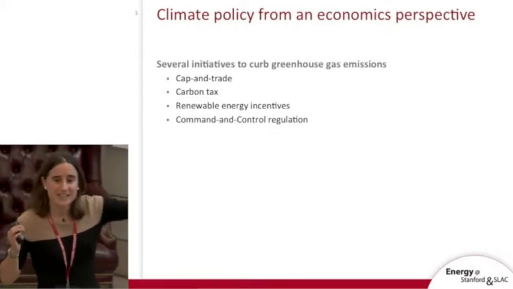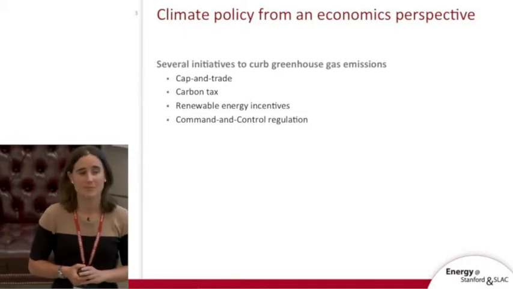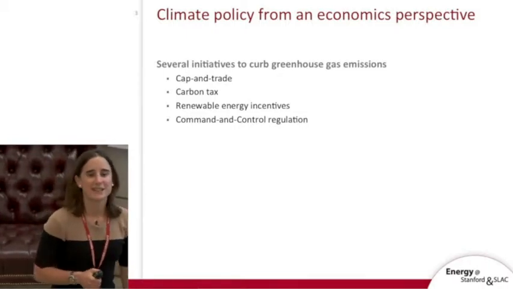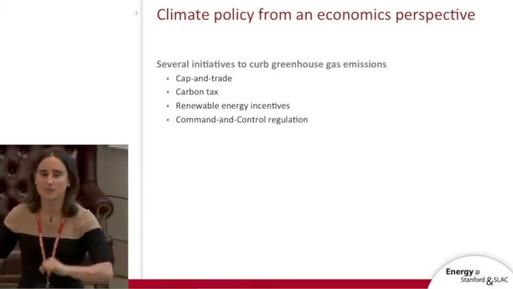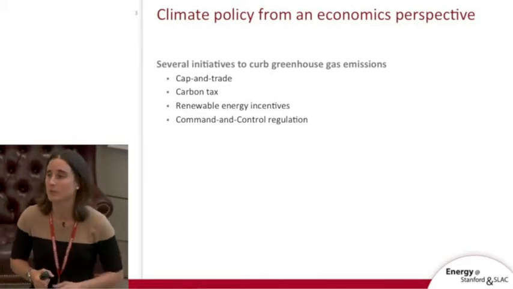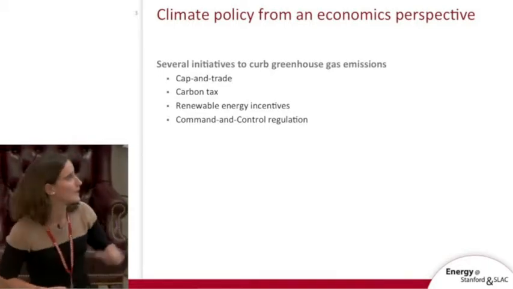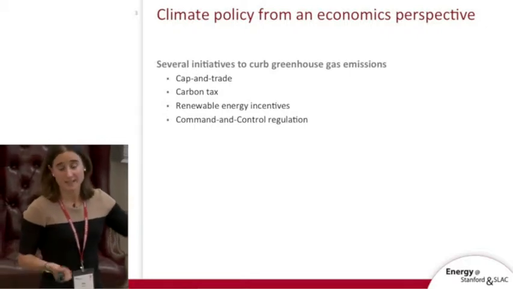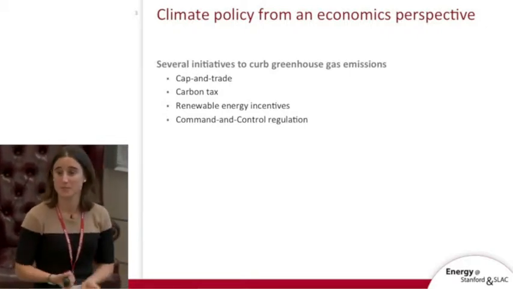In that market-based mechanism, eventually there's a price that determines the equilibrium between how many permits we gave and how much people are willing to pay for it. Another alternative is to directly put a price on those emissions.